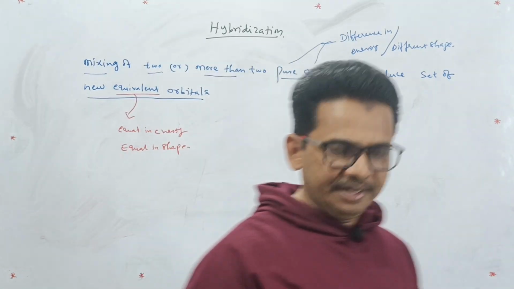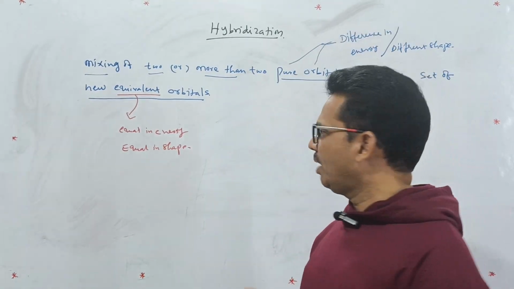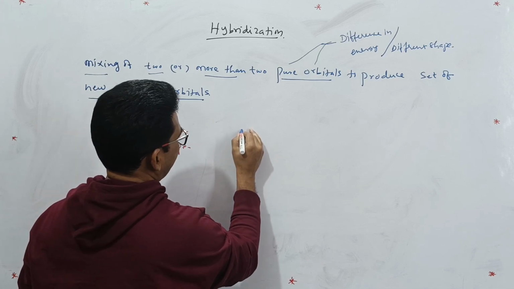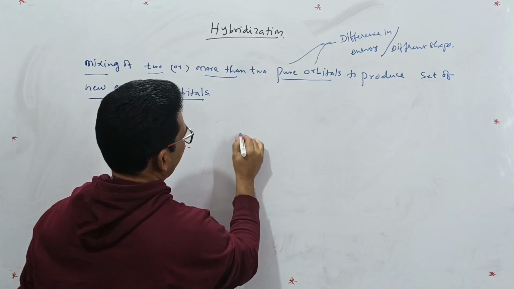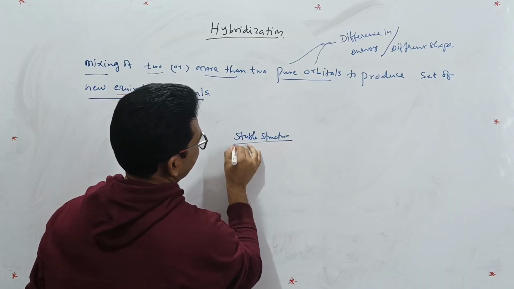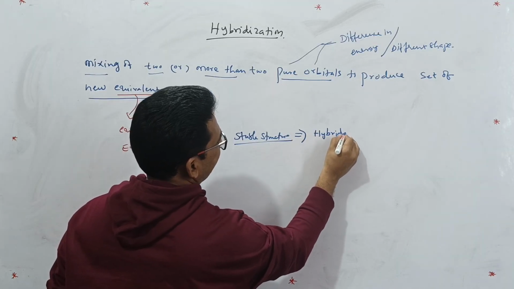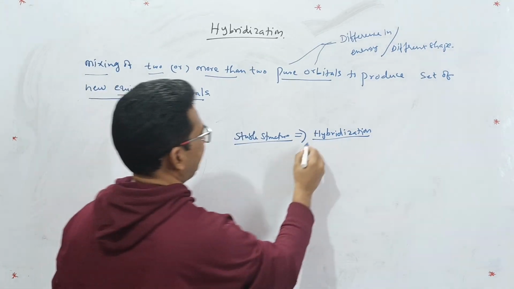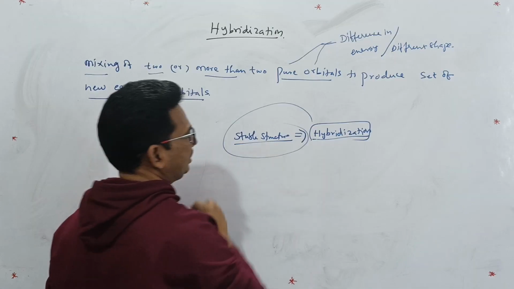Any molecule in the world has a proper shape. Proper shape means proper geometry, proper structure; if a molecule has a stable structure, what does it indicate? It undergoes hybridization.